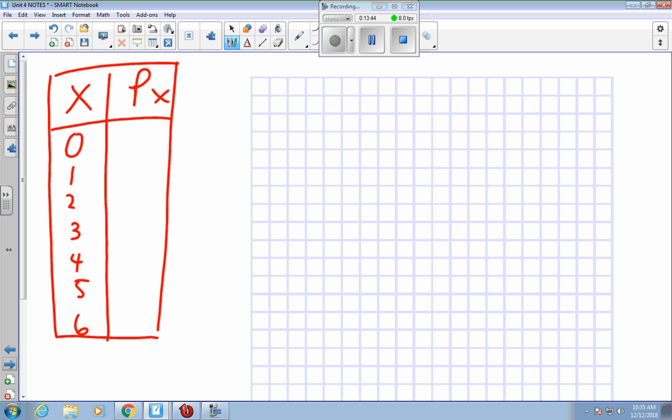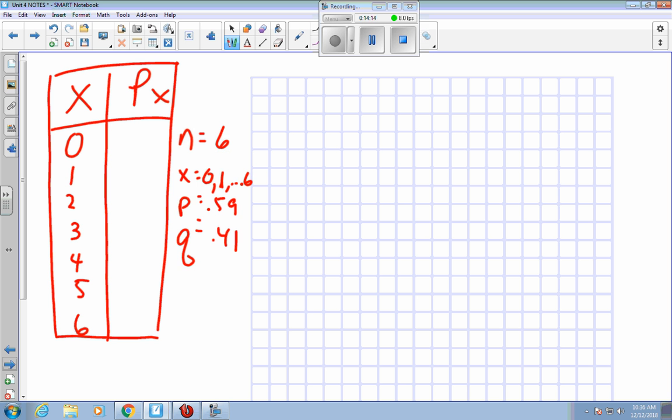The n is 6. Yes. What's your p? 0.59. So maybe you want to have this here too. n, x, p, q. So your n is 6, your x is 0, 1, up to 6, p is 0.59, and then q is 0.41.